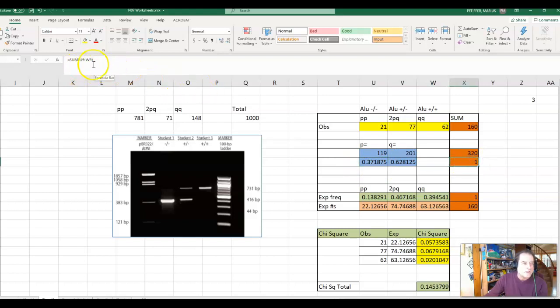This is all being calculated here. All right? Then what we do is we calculate the expected frequencies for these numbers here. So we take 160 individuals and we multiply them by 0.37 times 0.37.